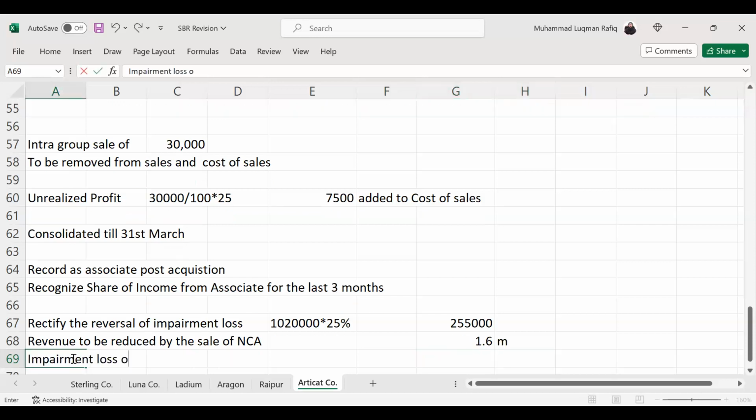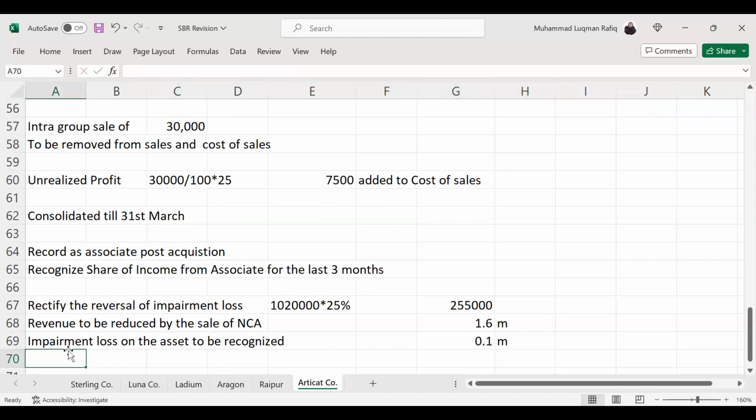Impairment loss on the asset to be recognized, $0.1 million, right? So this is probably what you're going to do.